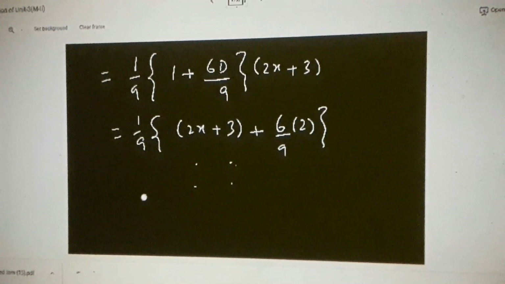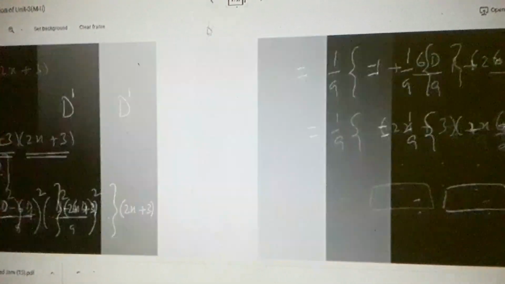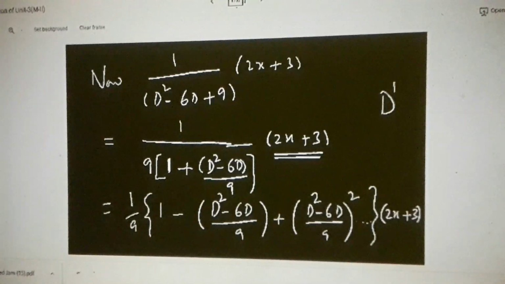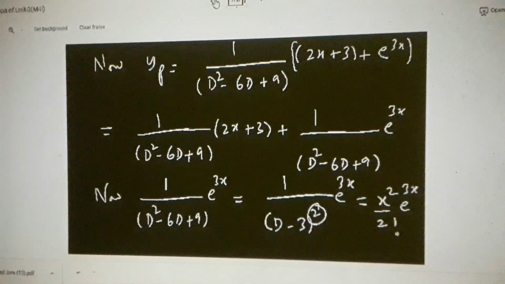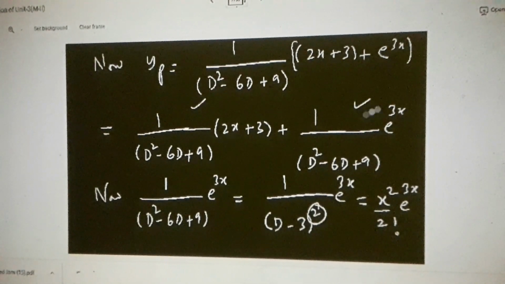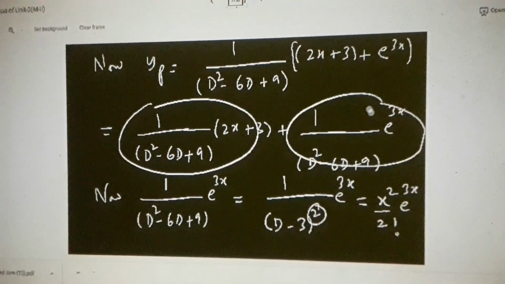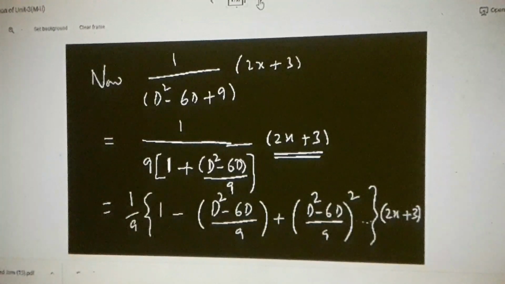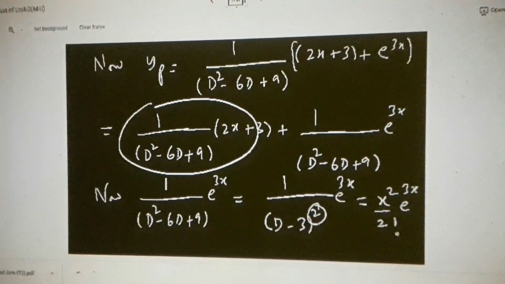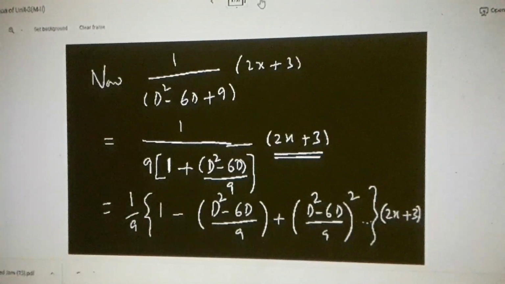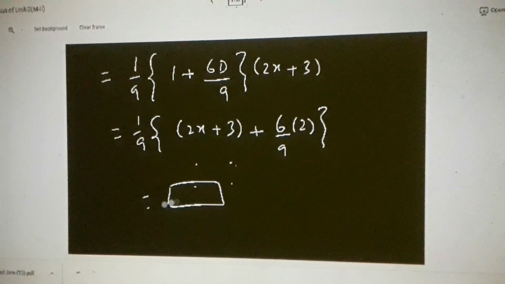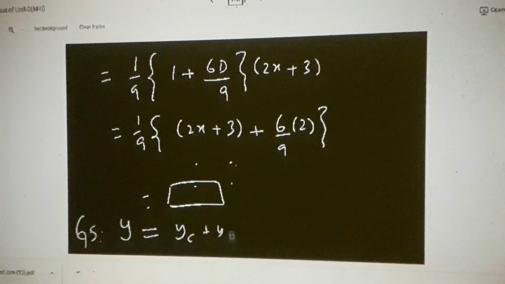After simplification, some polynomial will appear, that is the value of yp. You calculated this part and this part, so we are ready with both values, just add them up, that will give you yp. Once you get yp, substitute yc and yp, and finally you will get the general solution as y is equal to yc plus yp.